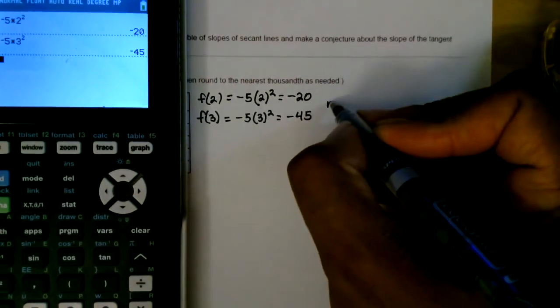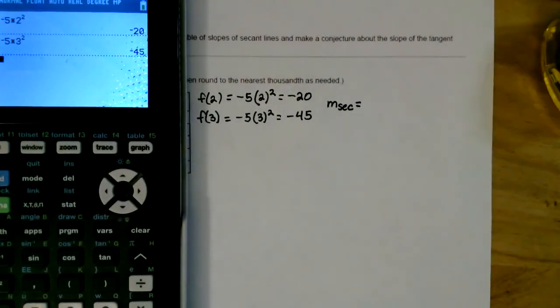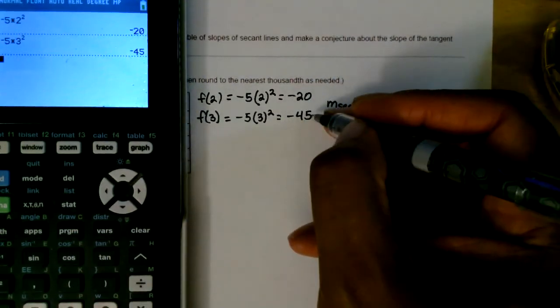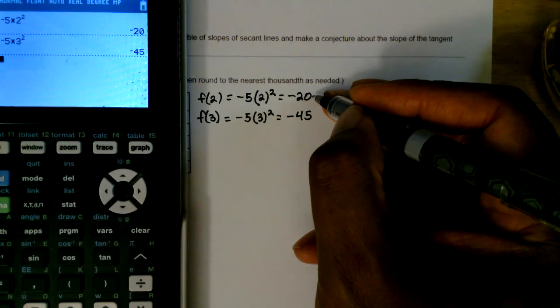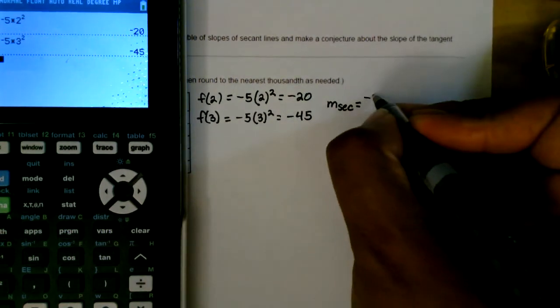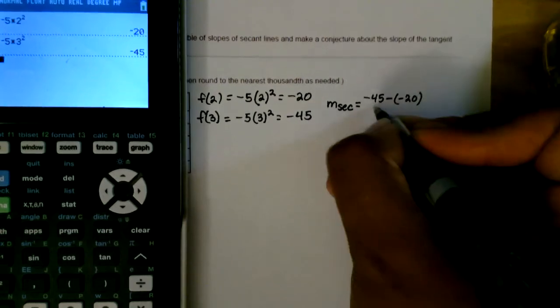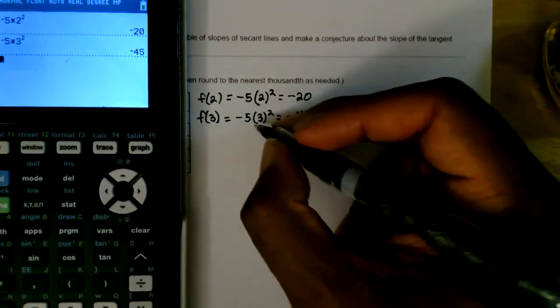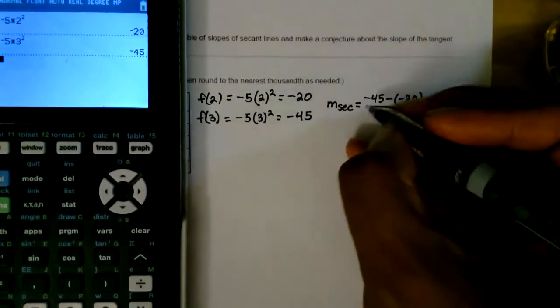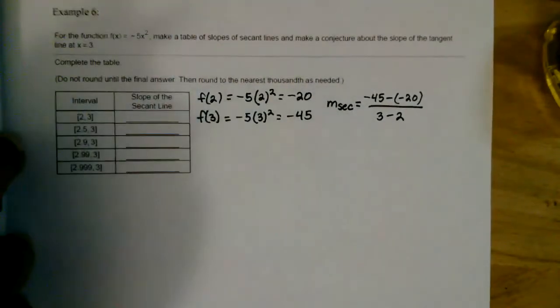And then find the slope of the secant line. That's going to be f of 3 minus f of 2, -45 minus -20, divided by 3 minus 2, because it's always going to be b minus a.